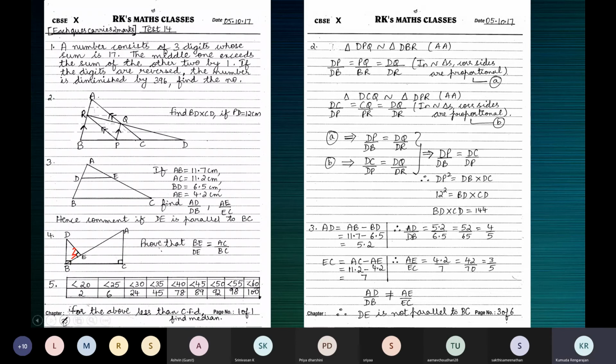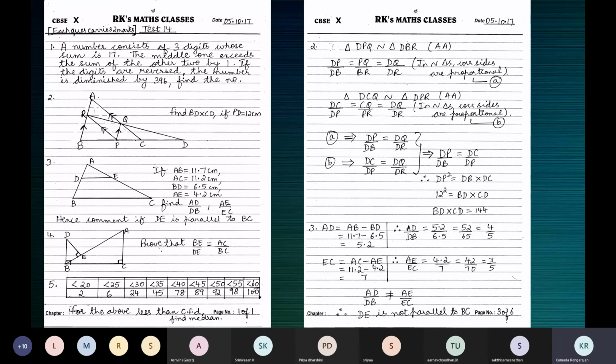Yes, ma'am. Angle DEB is equal to angle ACB because both are 90 degrees, ma'am. Okay. Angle DBE is equal to angle DAC, ma'am. Reason? Because corresponding angles, ma'am. No, they are alternate interior angles, right?